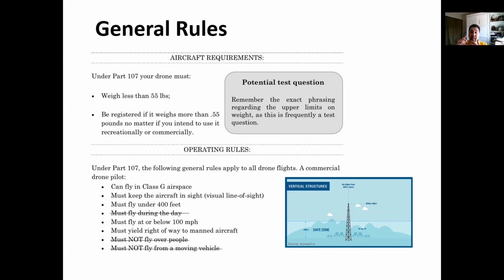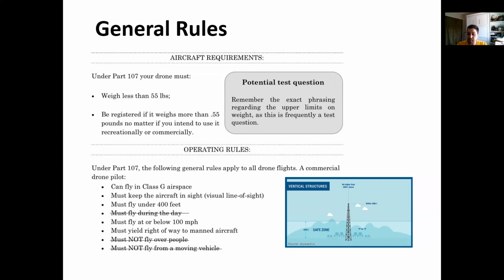Whatever the case may be, there has to be some link between you flying and a visual of the physical drone itself. That's what they're considering visual line of sight. That must be maintained. There are waivers to be exempt from that, but it's quite a process and something we explain in more detail in a different section.